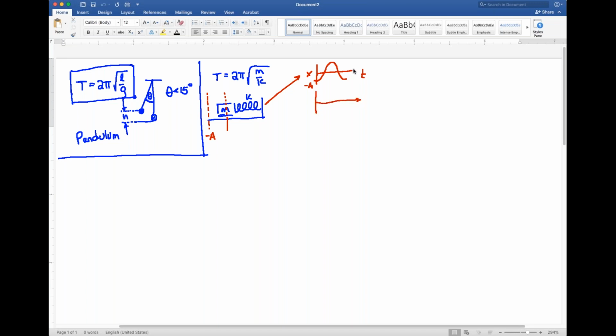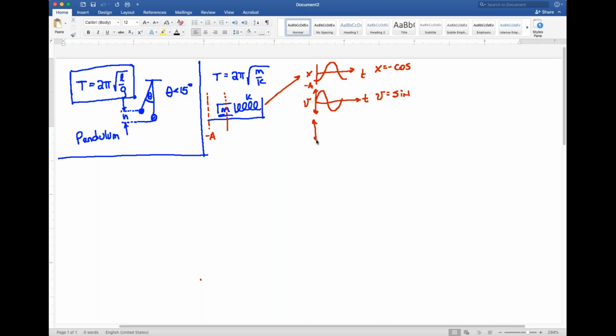If we take the first derivative of that, for those of you in calculus, or we just take slopes of tangent lines, we would see that if we release it from negative A, the velocity is initially going to be 0, but then it's going to be positive. So we're going to get something that looks like positive sine. So x is negative cosine, and velocity then is positive sine.